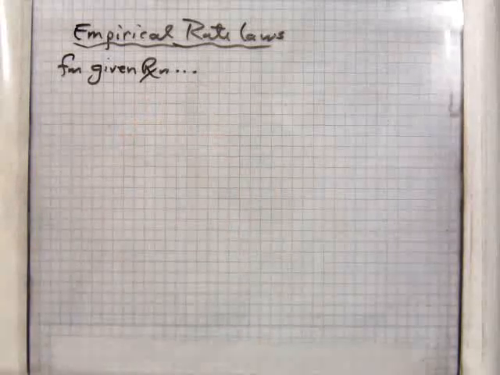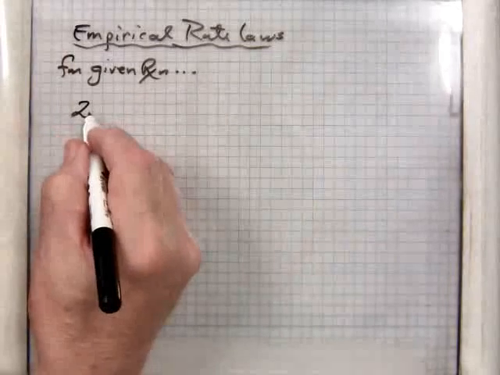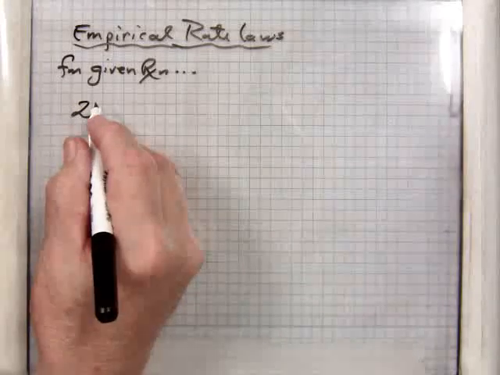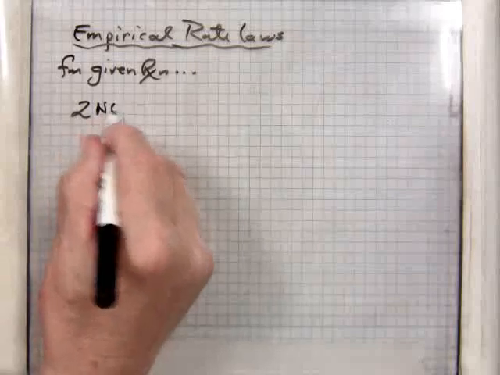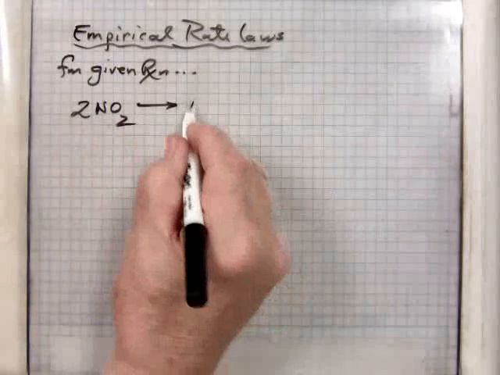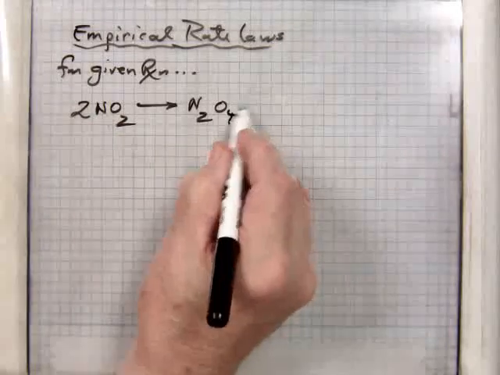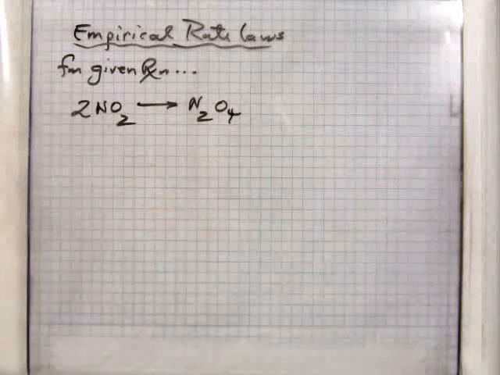Let's see, here's one: 2 NO2 goes to N2O4, and you can put gas in there if you want to.